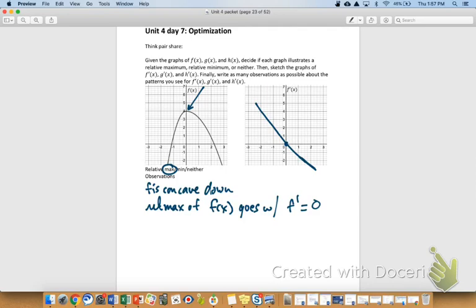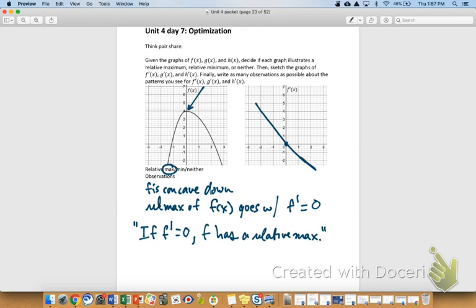So would you guys say that this would be okay? Don't write this down yet. Let's make sure it's right before we write it down. I'll say if f prime equals 0, f has a relative maximum. You think that's true or false? What could I do to change this or add to it? Add also, it could be a minimum.